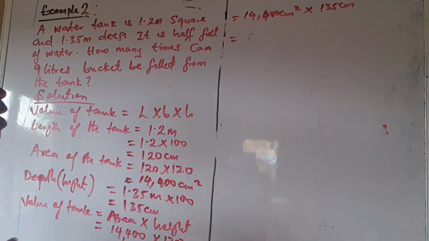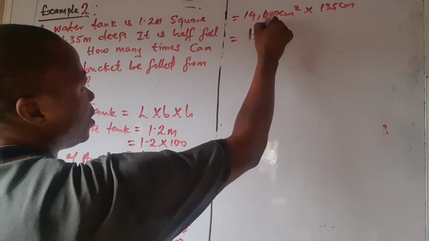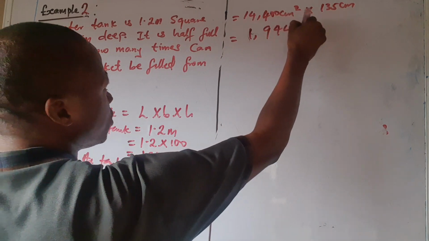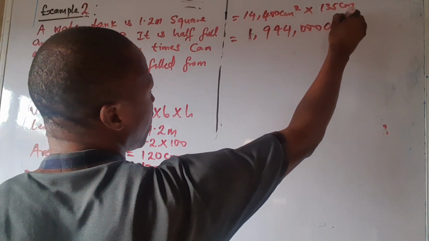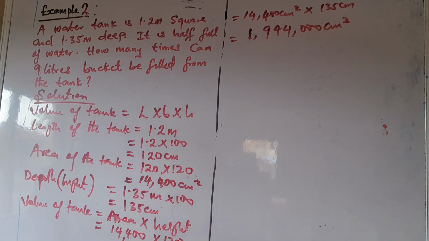So from here, if you multiply the two, it's going to give us 1,944,000 centimeter cube. We are going to have that.